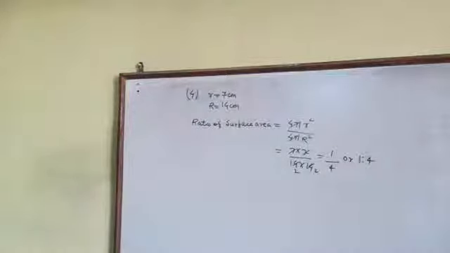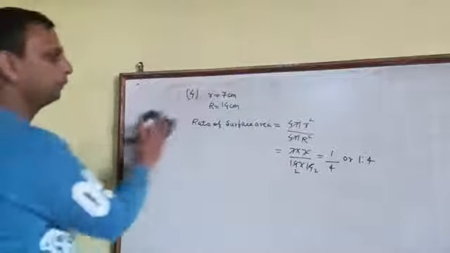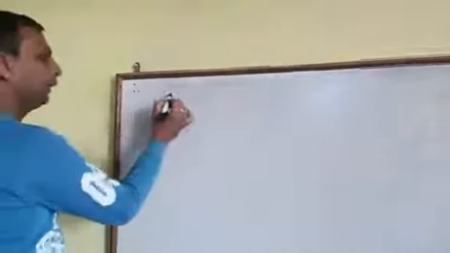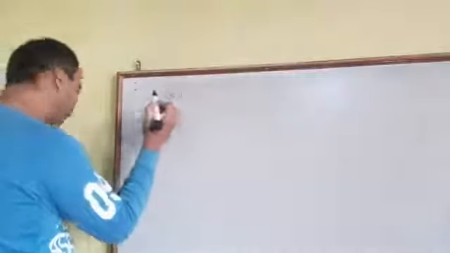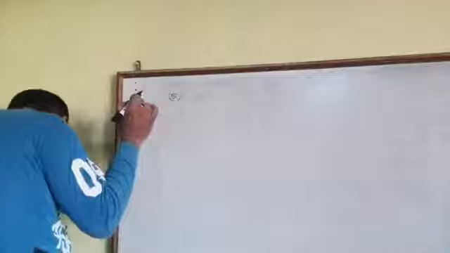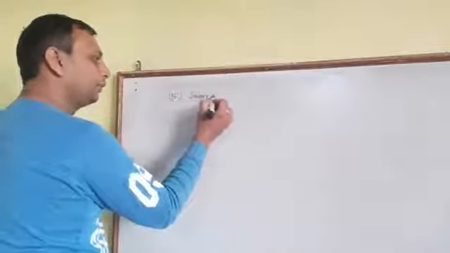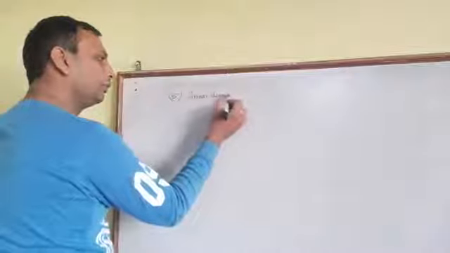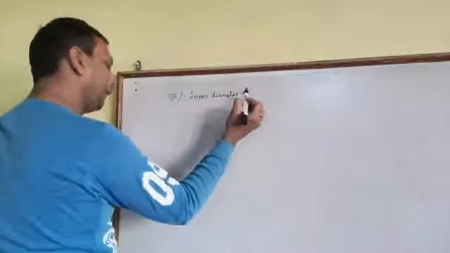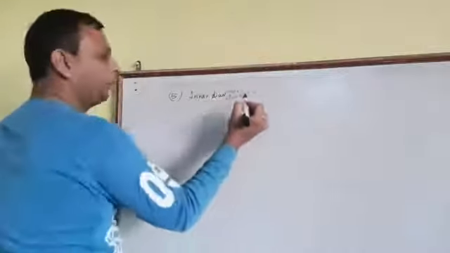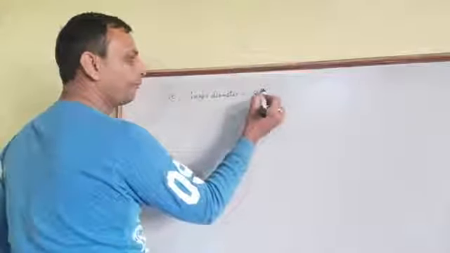Now the fifth question. In the fifth question, there is a hemispherical ball. It is clear that the shape is a hemisphere, and the ball has an inner diameter. Inner diameter is how much? 10.5 centimeter.